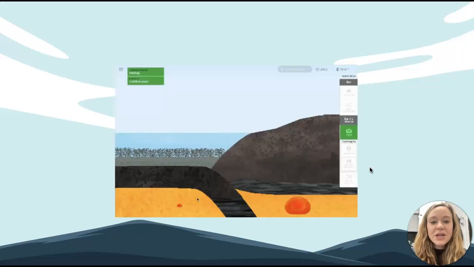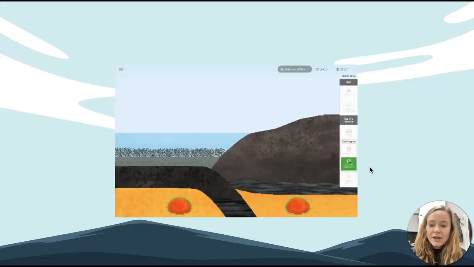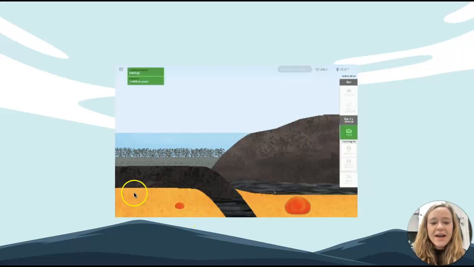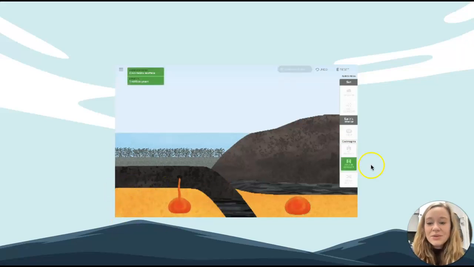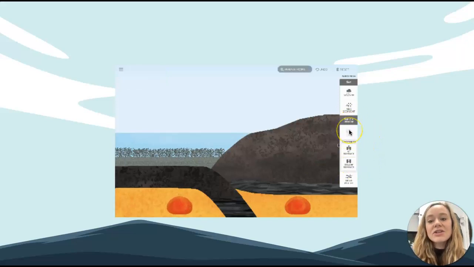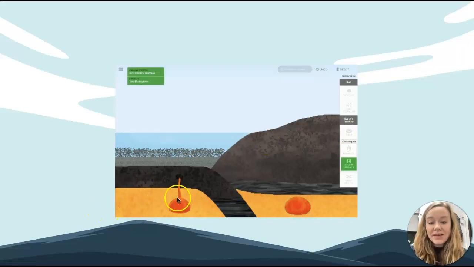Similarly, we also talked about magma. Before we have the magma, we have mantle rock. If you remember in the simulation, this is our mantle rock, and we used the energy from Earth's interior. It says Earth's interior right here. We used that energy to melt the mantle rock, which gave us this magma.